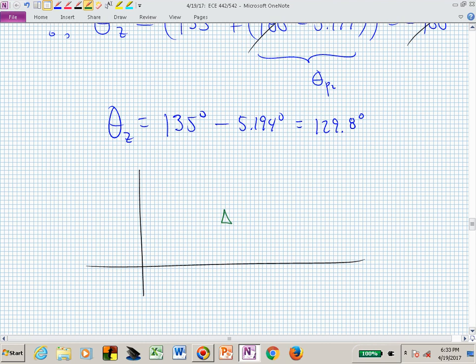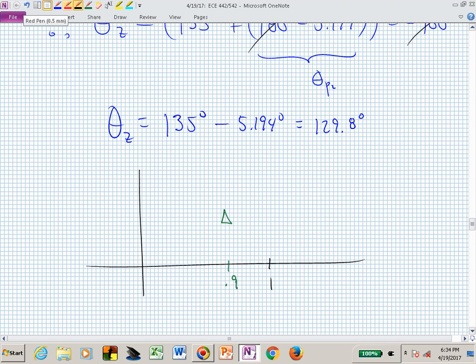And where's my zero? And this is 0.9, and this is now 1. I'm a little bit exaggerating to give myself some space. But where is my zero located relative to that triangle if the angle of that zero is 130 degrees? Am I to the right of the triangle, or am I to the left?